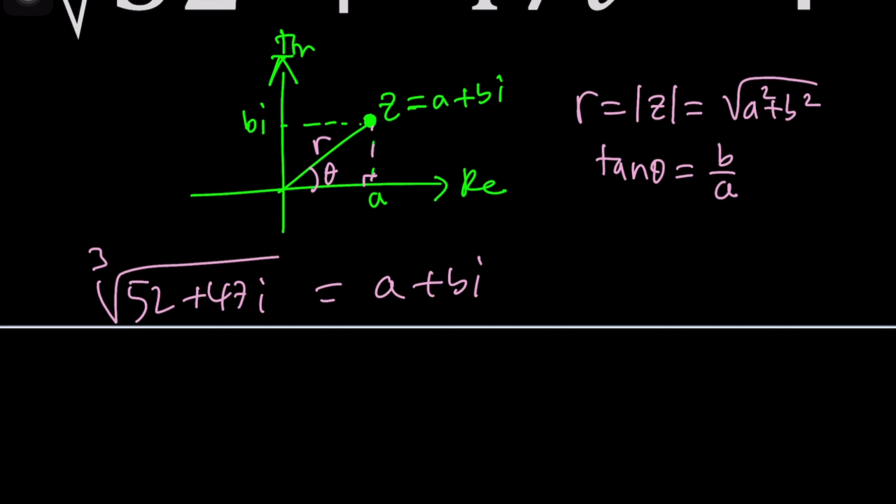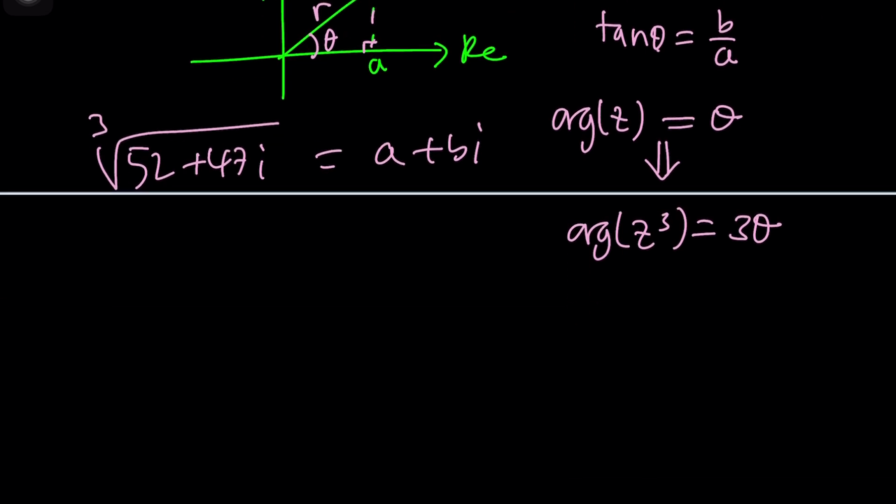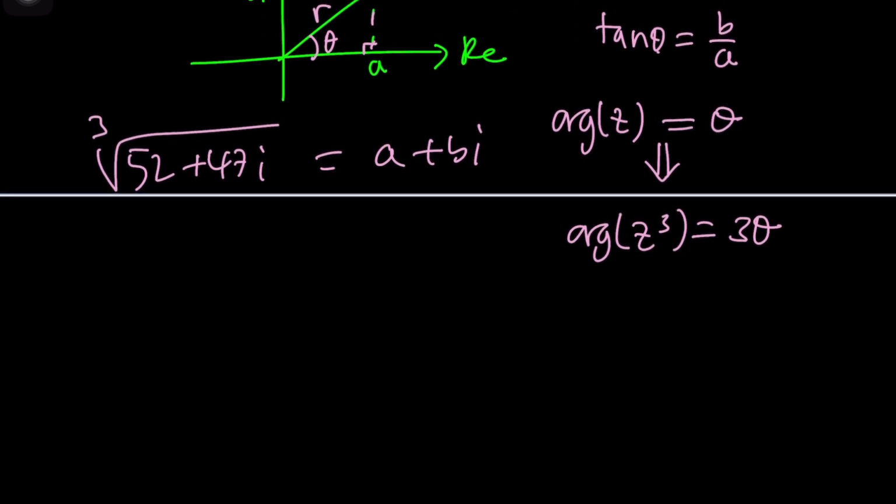Suppose the argument of z is theta, then the argument of z cubed is just going to be 3 theta, from De Moivre's theorem, something that I can never pronounce correctly. I always get it wrong, but I think the spelling is something like this.